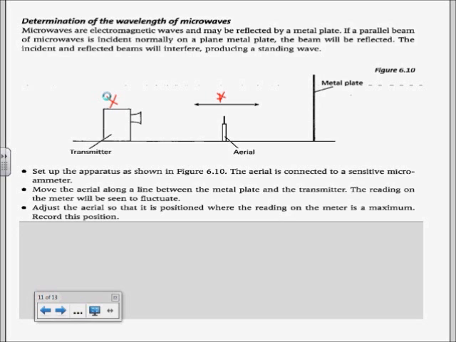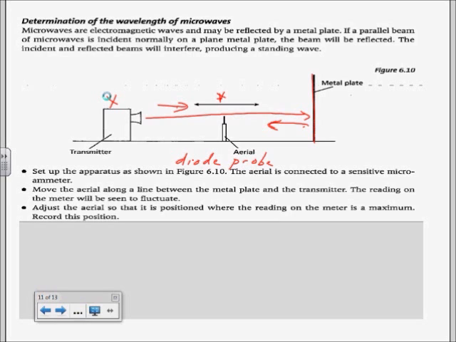This receiver is the diode probe that I showed you a little bit earlier, which picks up the microwaves. And what we're going to do is have a metal plate. When the microwaves come out and hit the metal plate, they will be reflected off it. Then we end up with microwaves going one way, reflected microwaves coming back. We're going to get effectively a standing wave set up.